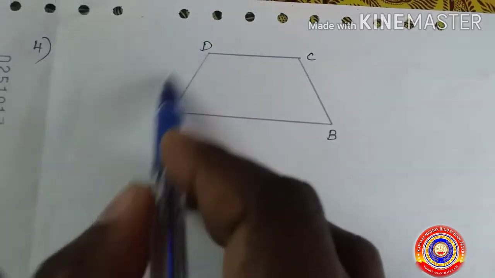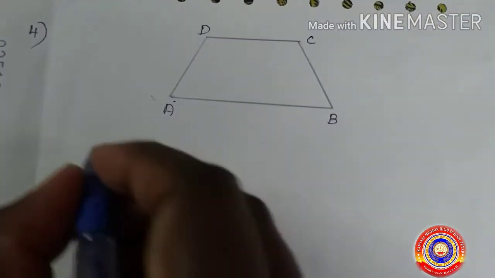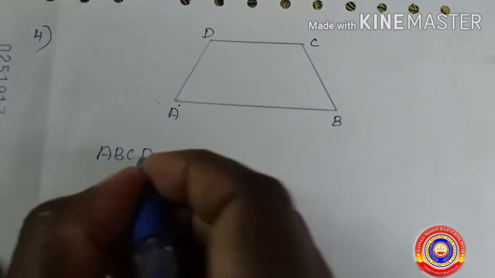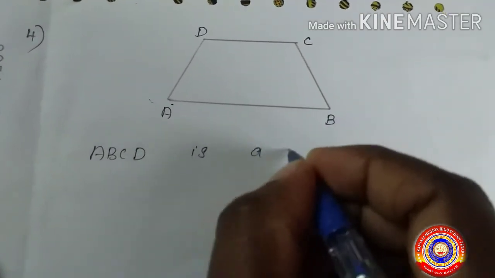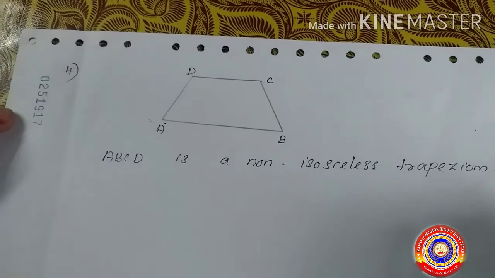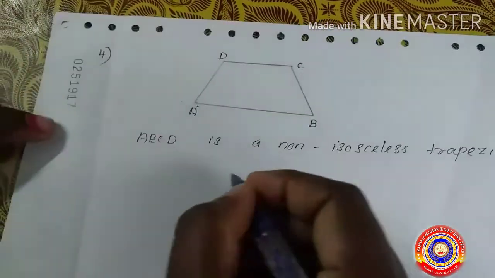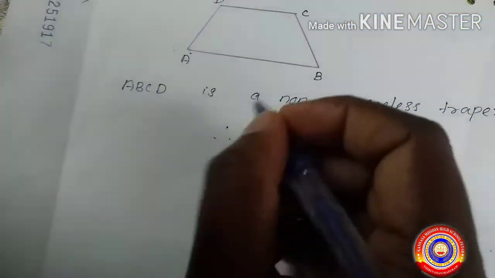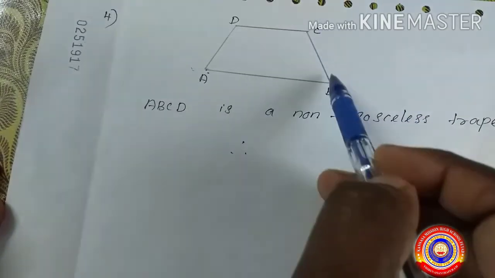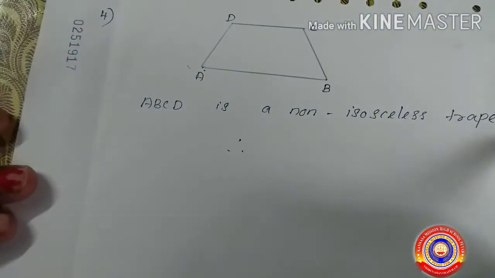Next, question number 4. Prove that any non-isosceles trapezium is not cyclic. Here, ABCD is a non-isosceles trapezium. Therefore, AD is not equal to BC.